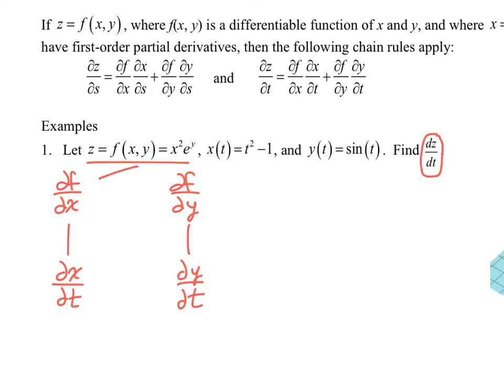But these are the two different pathways we could go to get to our result. So what that gives me is a recipe, and that's what's detailed here. The derivative of z with respect to t is the product of each element of the pathway: partial with respect to x, times the derivative of x with respect to t, and then the other pathway. This is an OR situation, that's why a tree diagram is reasonable, because each pathway is a different possibility.